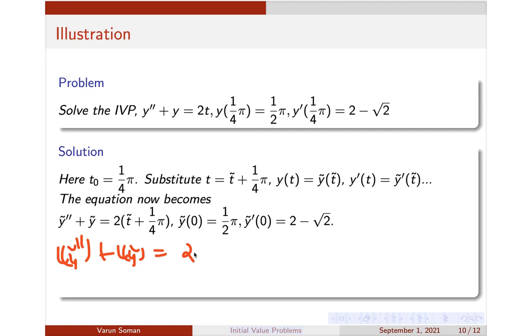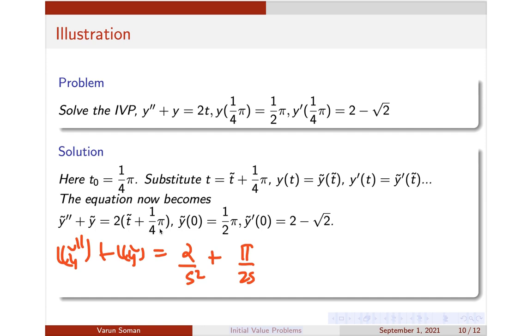So when you apply the Laplace transform, you will be getting it as before itself. The variables have changed, but the values would be just the same. When you take the Laplace transform of t tilde, it is the same as taking the Laplace transform of t itself. So you will be getting 2 by s square, plus again you will be getting pi by 2s.